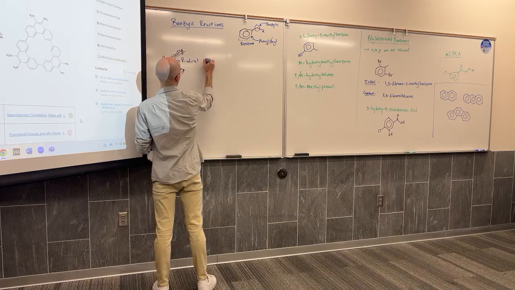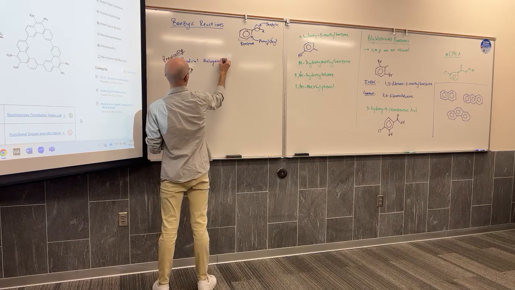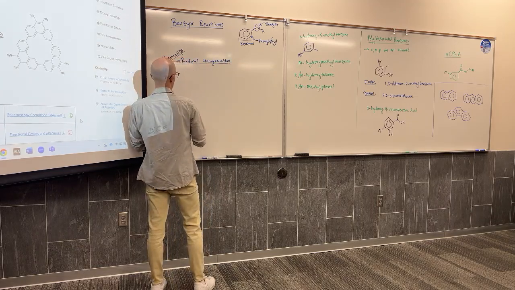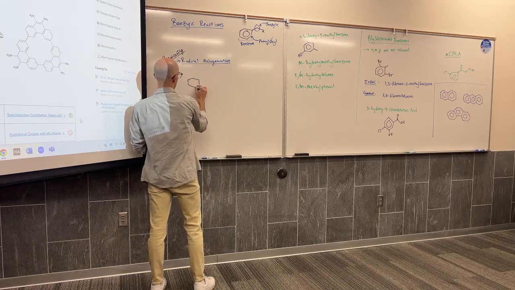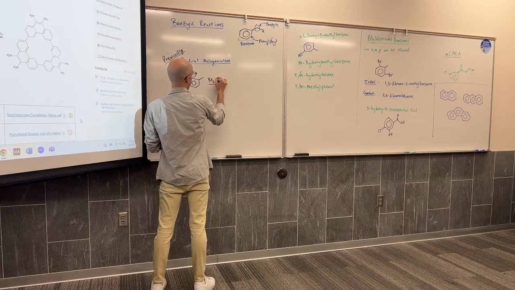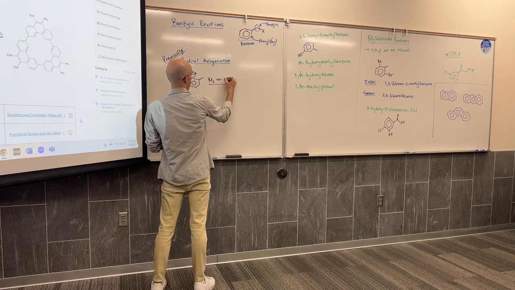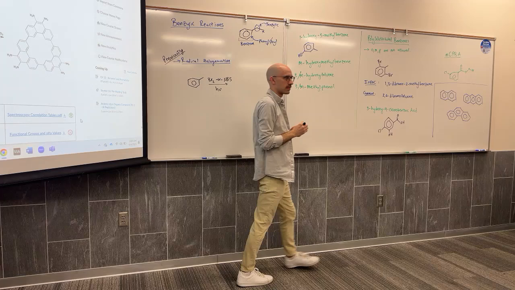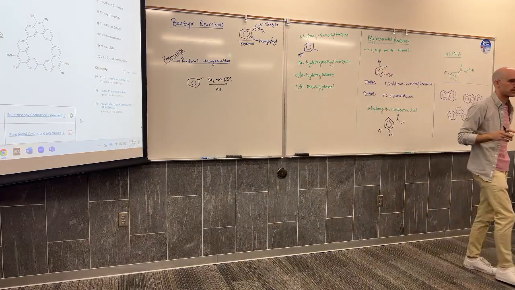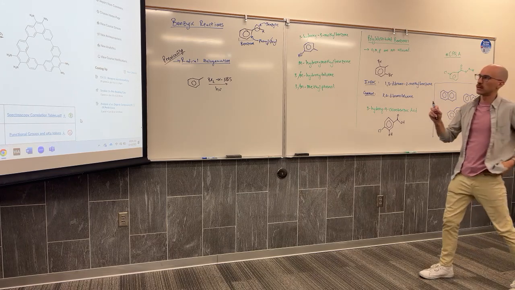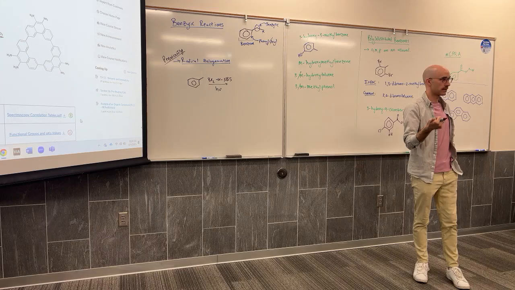First, let's look at radical halogenation. When a benzylic carbon reacts with either Br2 or NBS in the presence of ultraviolet light, which is what we're denoting there with h nu, a radical carbon intermediate is formed.